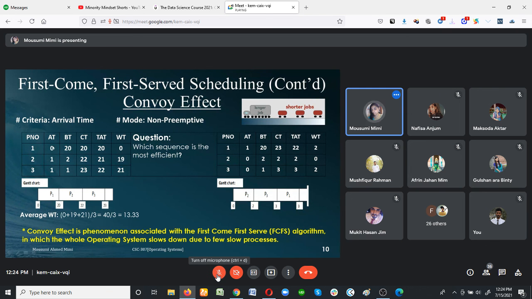Here the first process arrival time is 0, so I provide my process 1. Burst time 20, 0 plus 20 is 20, completion time 20. Then look at here, process 2 and process 3 come at the same time, 1 second. Now which process can you take? You will take first according to the process number. First process 2, then process 3.